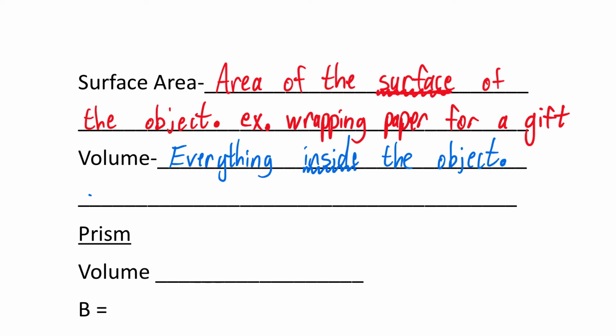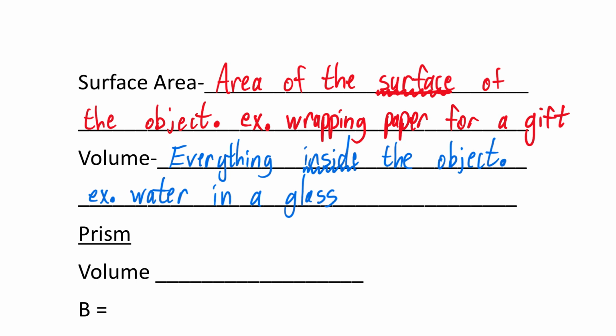As an example, this is the easiest one for me to always think about: how much water in a glass. If you had a cup, it's how much water it takes to fill that cup up. So that's what we're going to be talking about today, is volume.